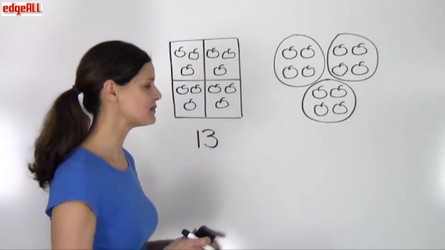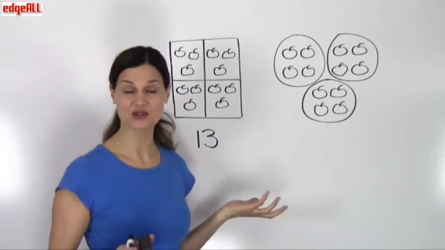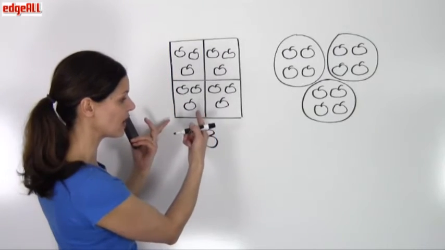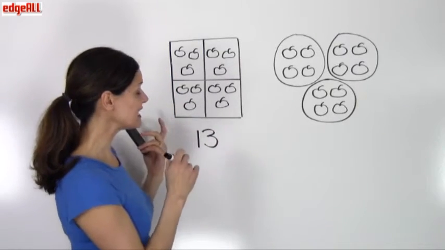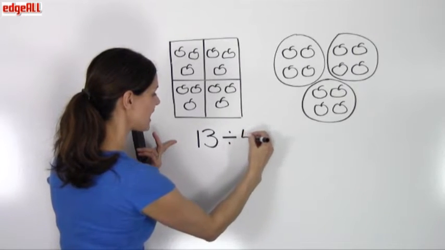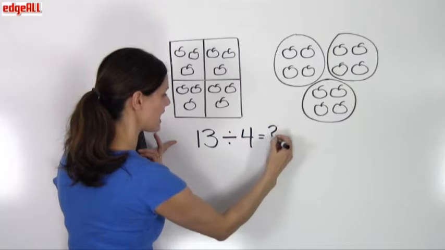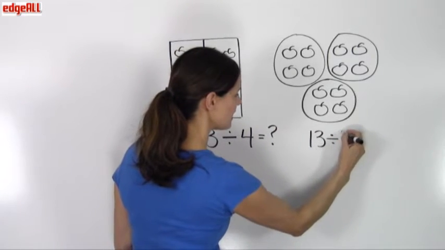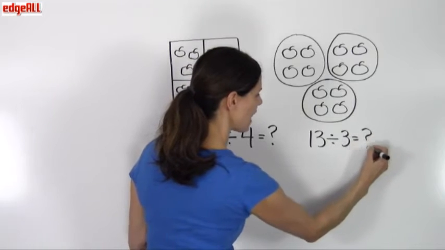So both times we end up with an extra apple, and there is simply no whole number that can correctly solve the equation 13 divided by 4 equals what? Or 13 divided by 3 equals what number?